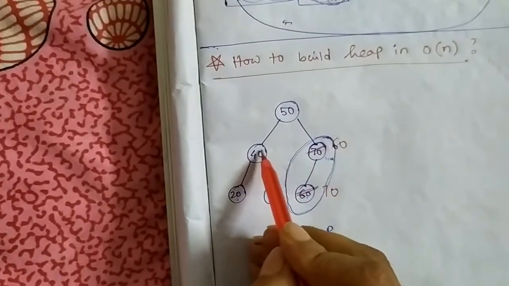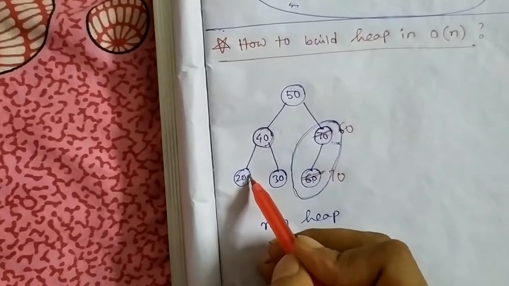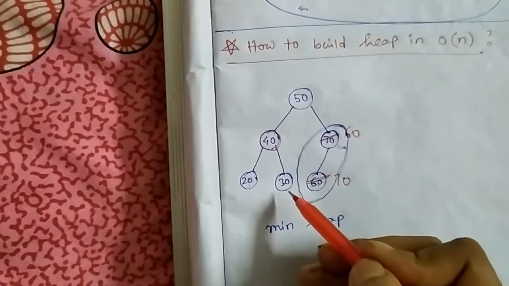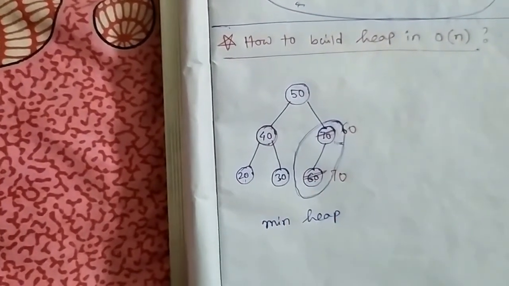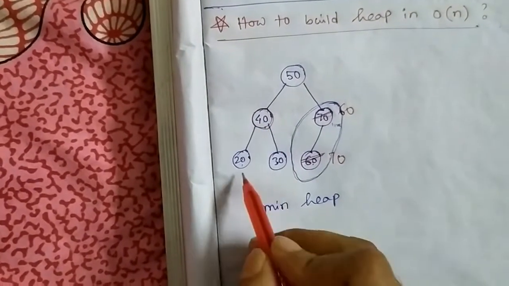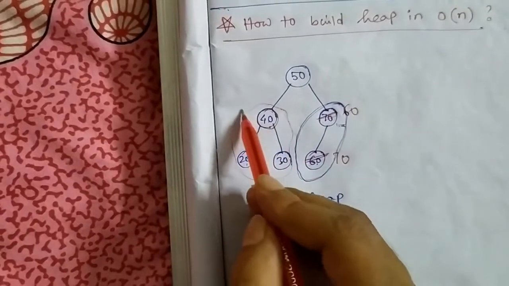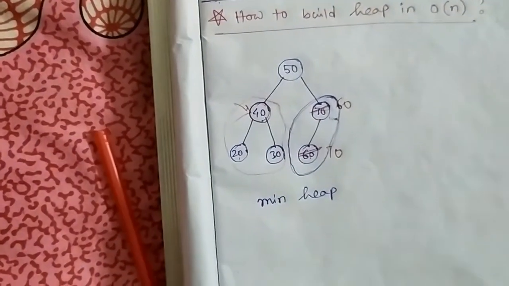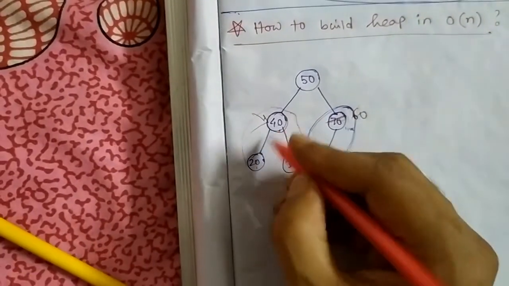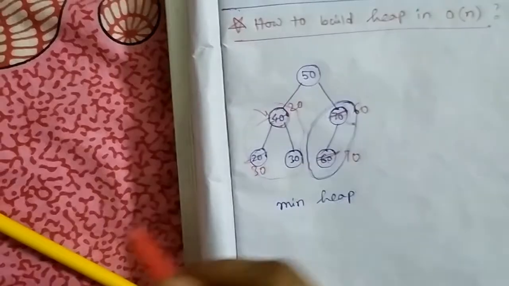Then I will check for this node. 40 is greater than 20 and 30 both. So this is not a min heap. To make it a min heap, I will put the minimum element among the three elements in the root node. So I will put 20 here and I will put 30 here.